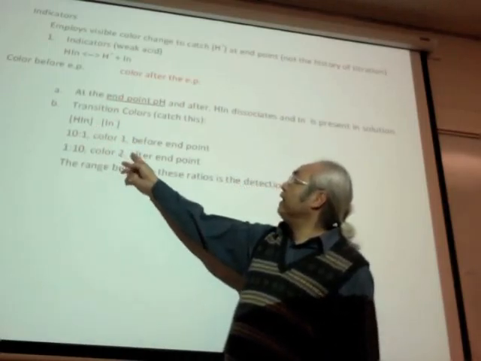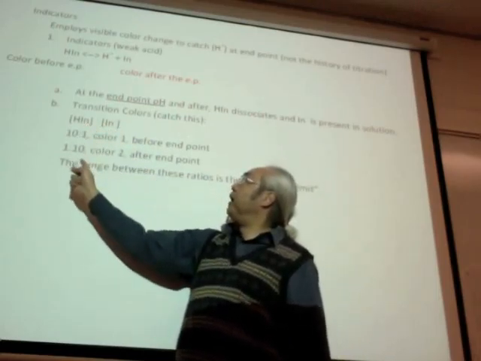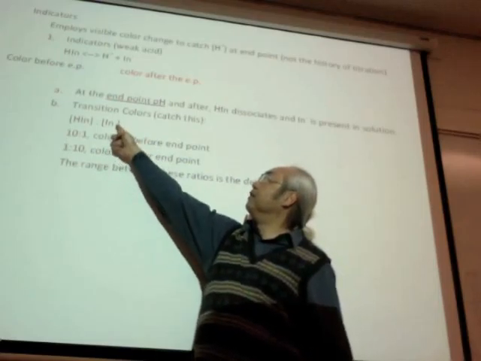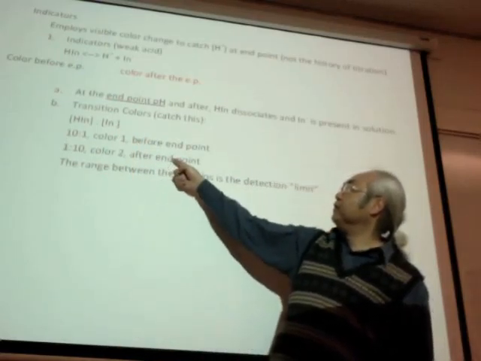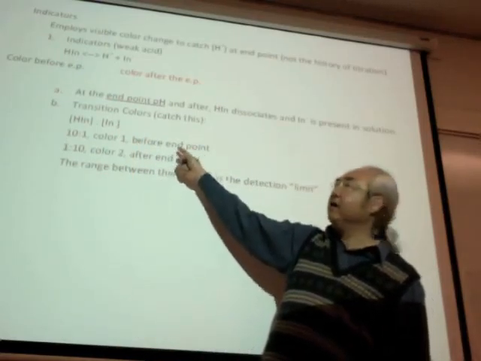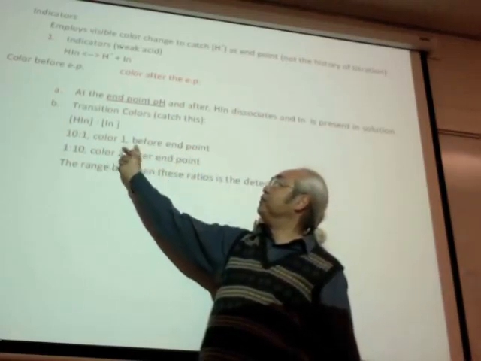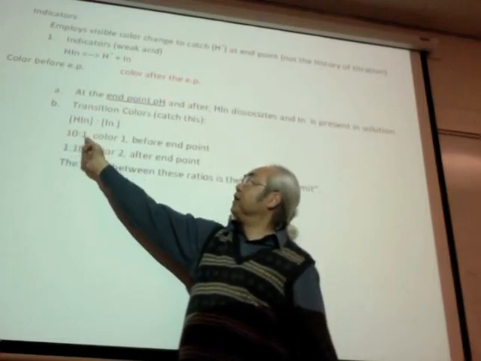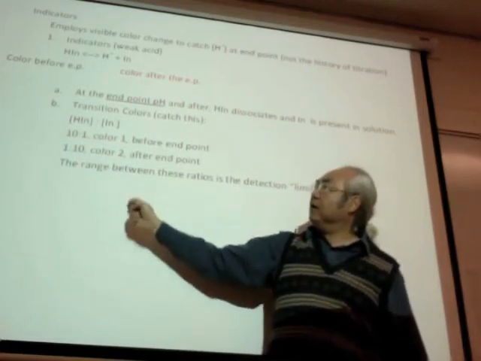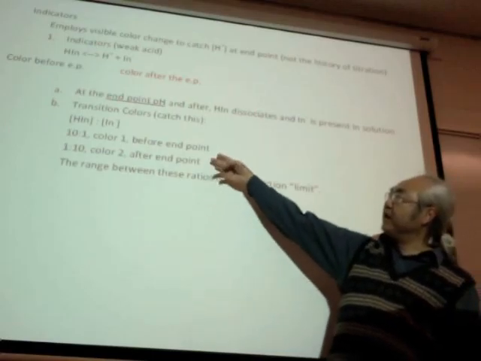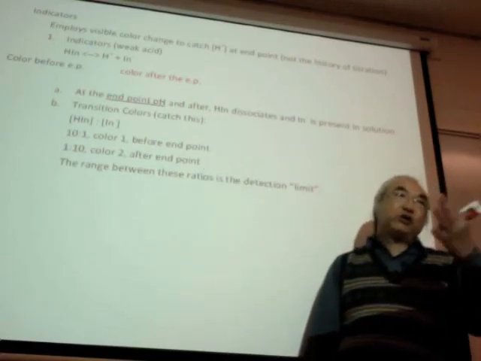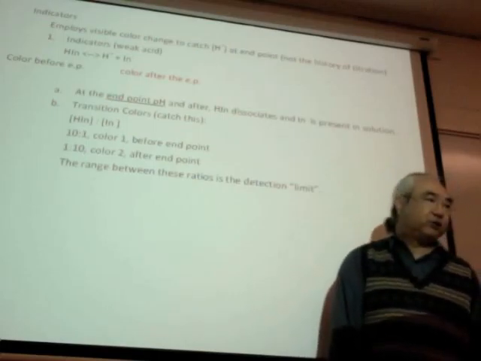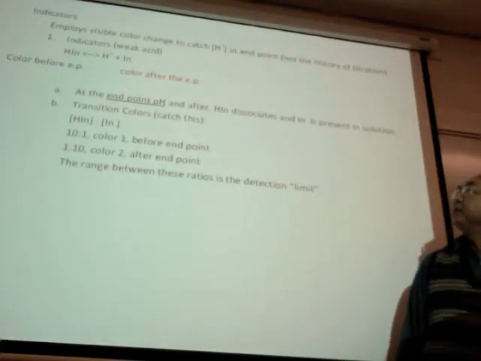On the other hand, with the opposite 10 to 1, it would certainly be of this color. But you are trying to catch somewhere in between, the earliest possible from this ratio. Therefore, there's a limitation. We call that your detection limit based on human eyes, unless you are an instrument that can see better.